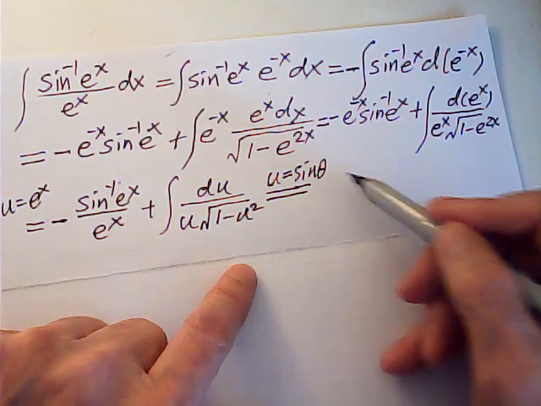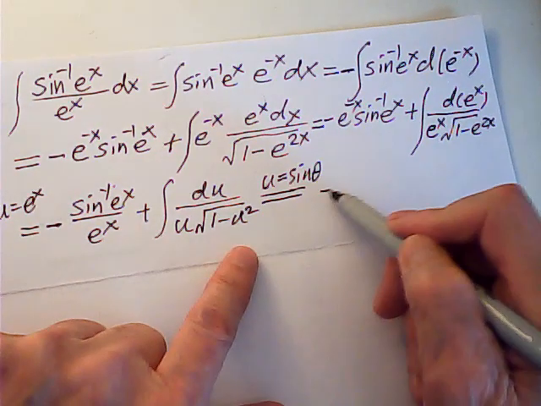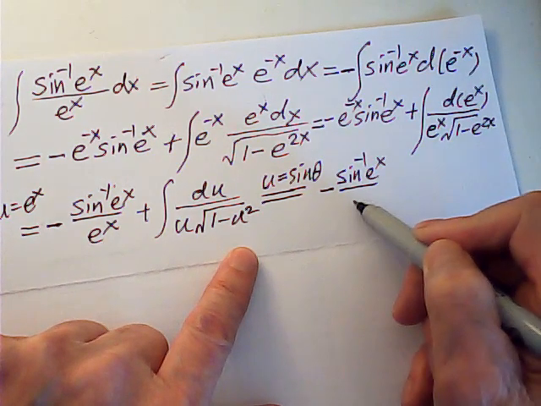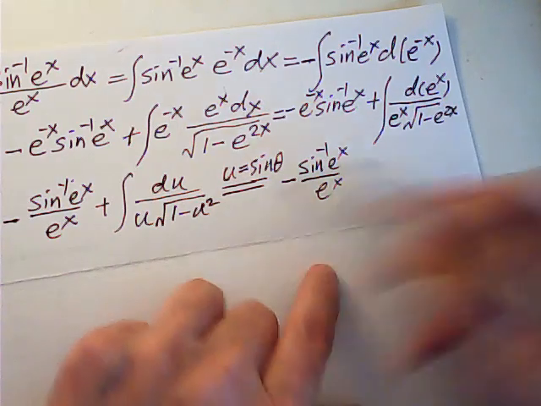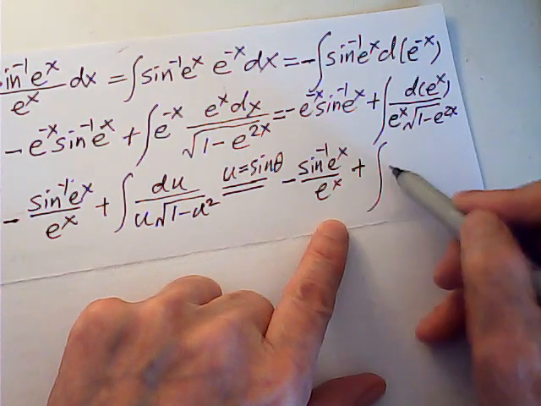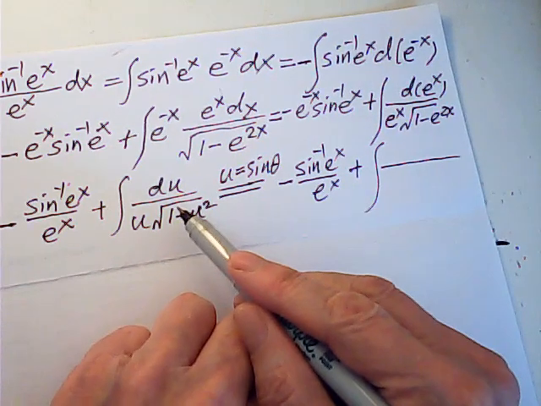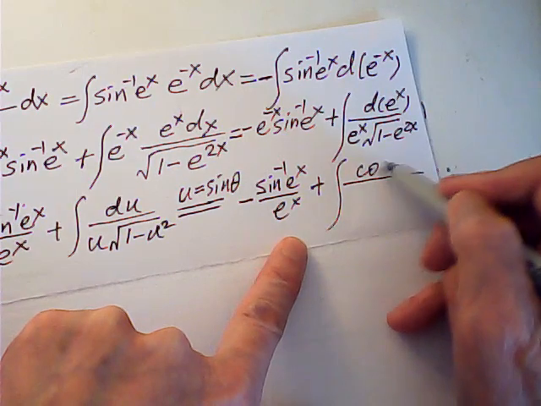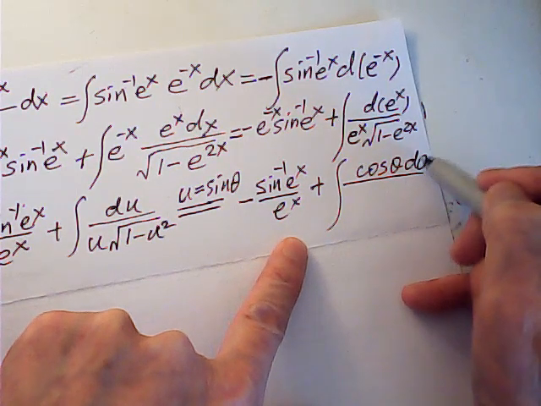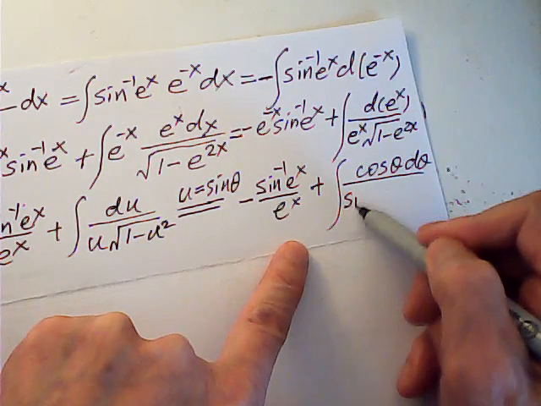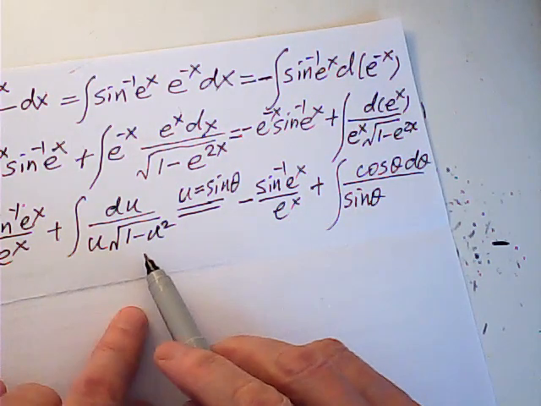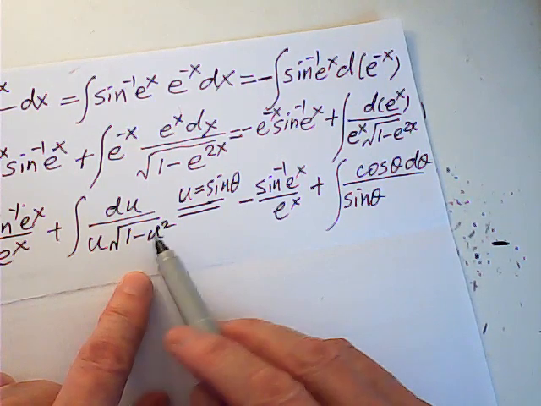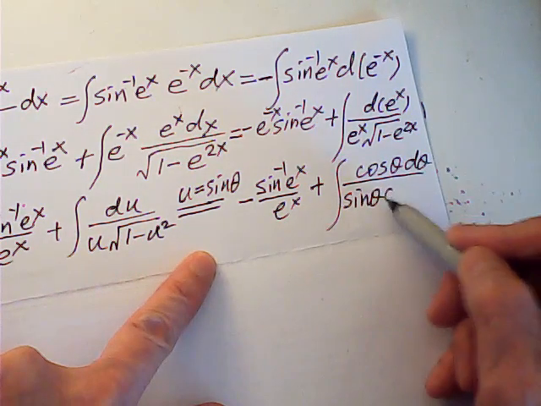So this integral becomes negative arc sine e to the x over e to the x plus integral, u is sine theta, so this is cosine theta d theta over sine theta, and 1 minus sine square is cosine square, and then becomes a cosine.